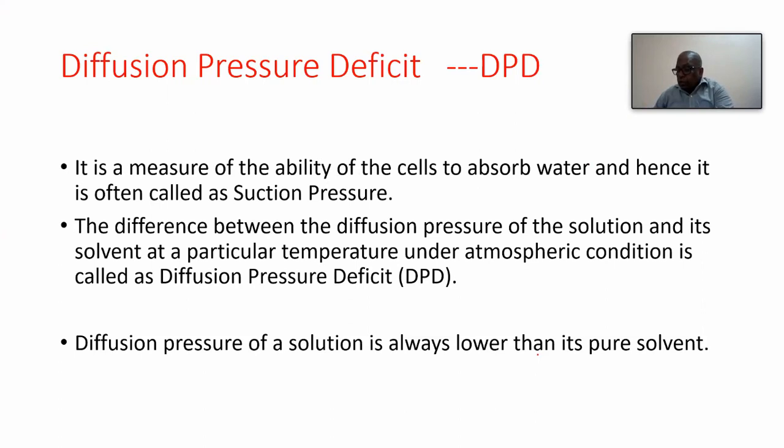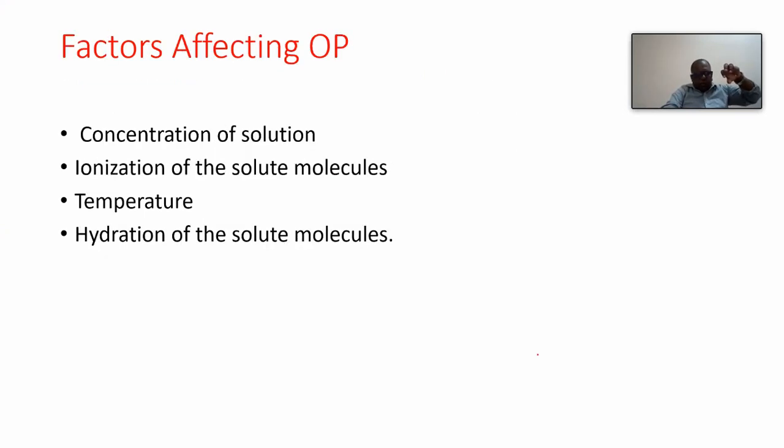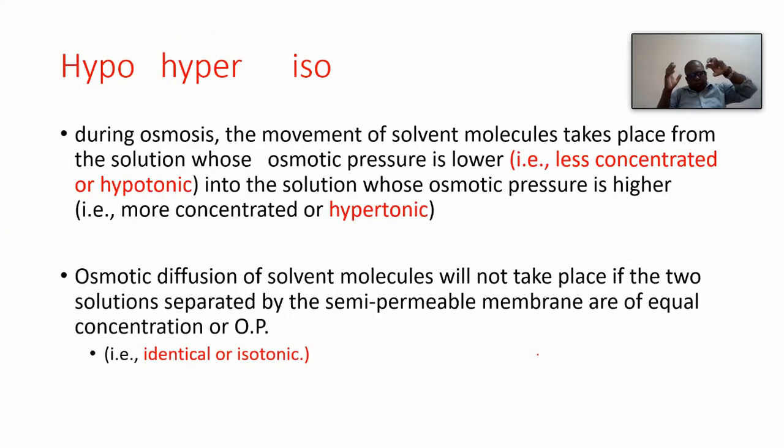If the water molecules are more in one solution than in the other, that is called a hypotonic solution. But then the osmotic pressure will be quite low. In a hypotonic solution, osmotic pressure is low.